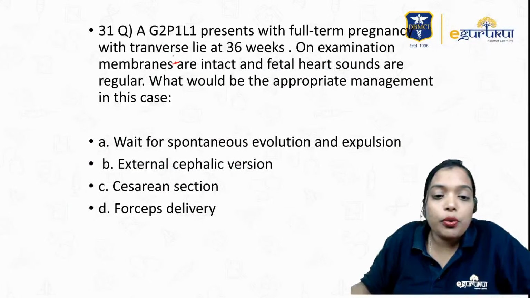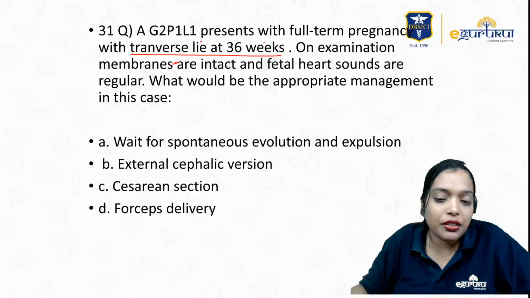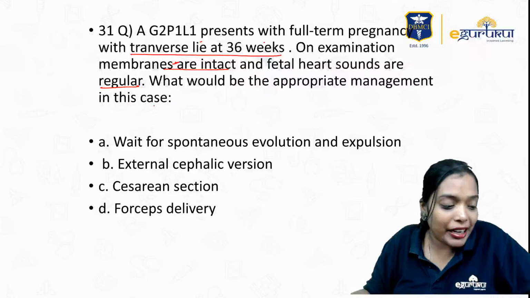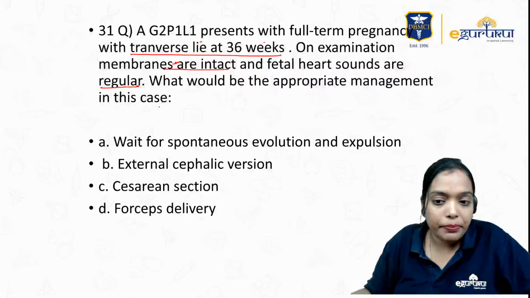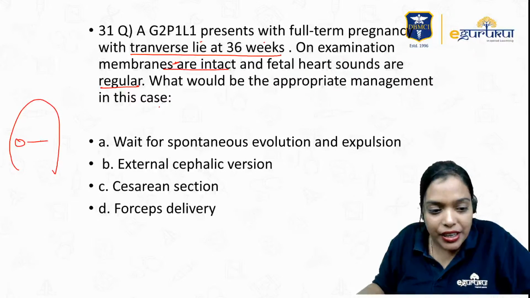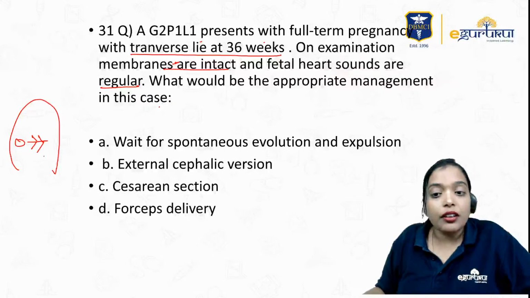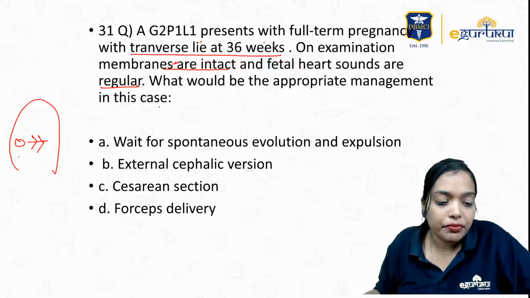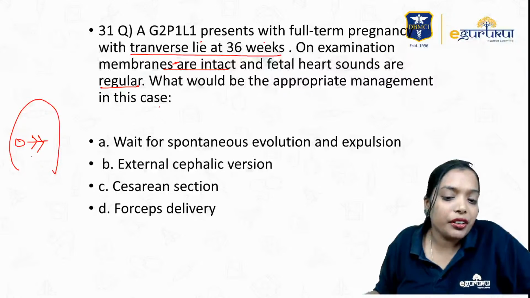A gravida 2 para 1 living 1 presents with full term pregnancy with transverse lie at 36 weeks. On examination, membranes are intact. Fetal heart sounds are regular. What would be the appropriate management in this case? Normally whenever you have a transverse lie, she has come to you at 36 weeks. What will you do for her?